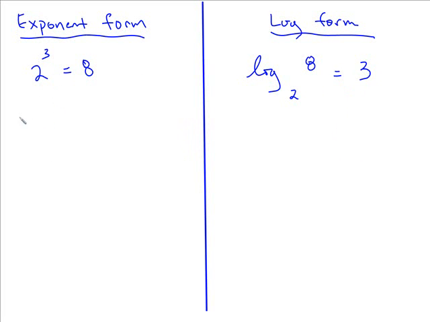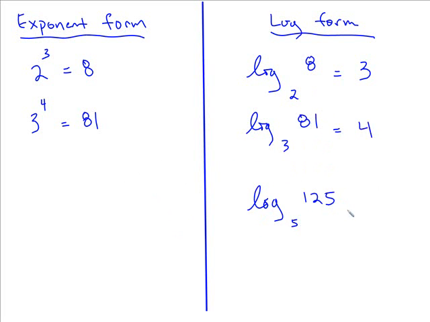Let's try another one real quick. Let's say we have 3 to the 4th power. We know that equals 81. So in log form, it would be log base 3 of 81 is equal to 4. And you have to be able to convert backwards too. If they give it to you in log form, let's say for example, log base 5 of 125 is equal to 3.